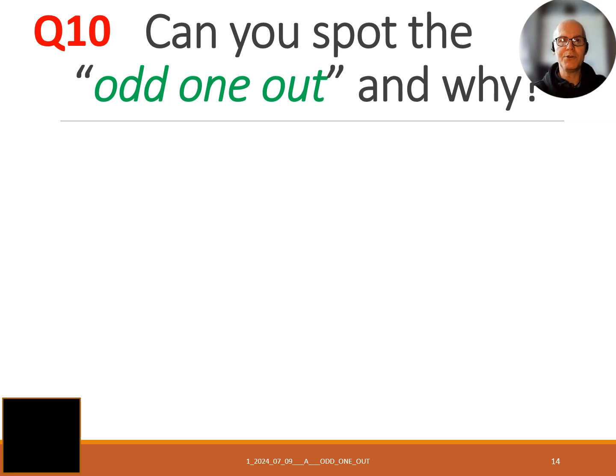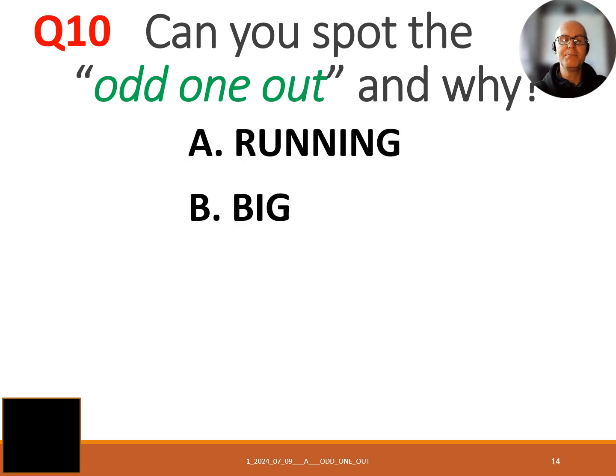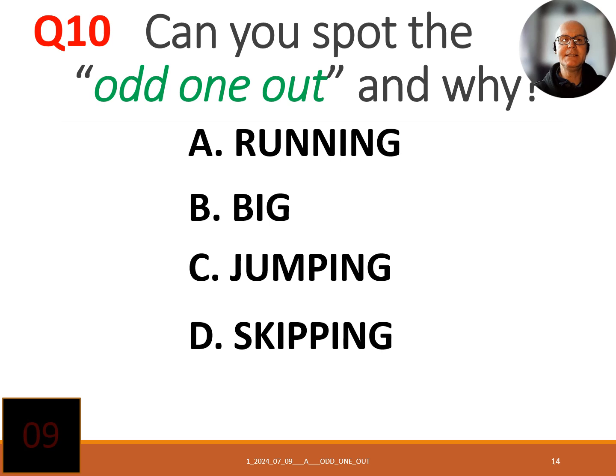Question 10. Halfway through. A. Running. B. Big. C. Jumping. And D. Skipping. Can you spot the odd one out and why?